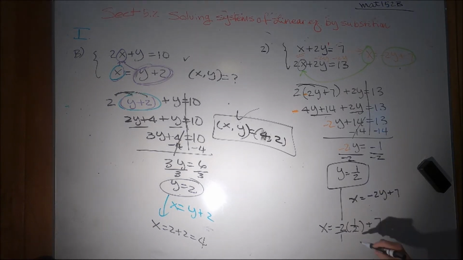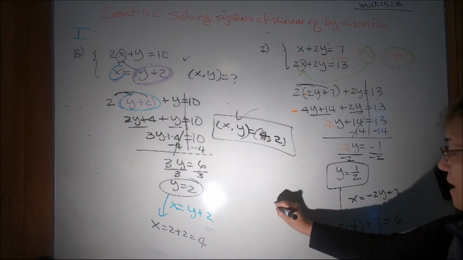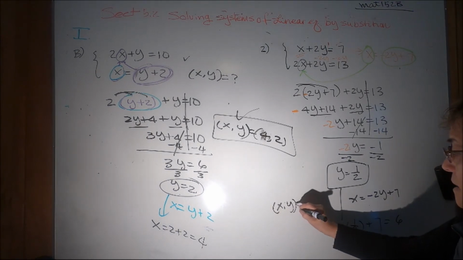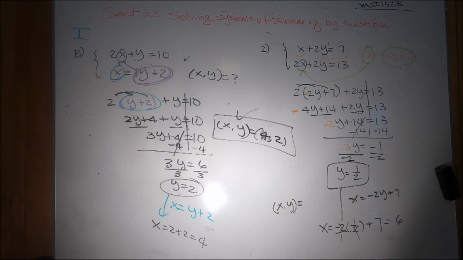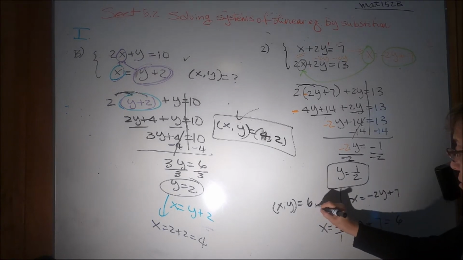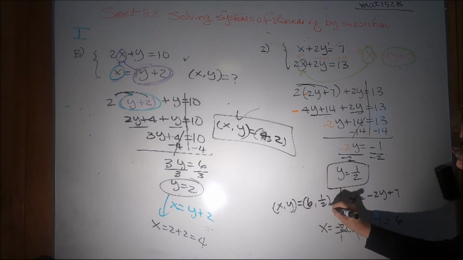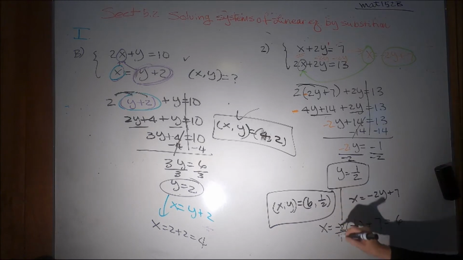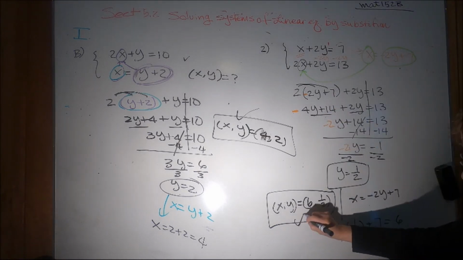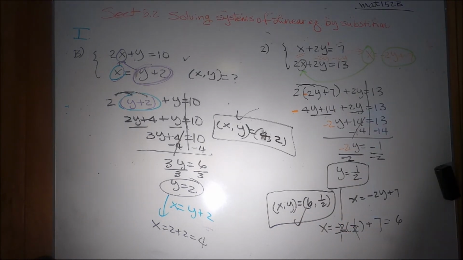The one underneath cancels out. That will be negative 1 plus 7, which is 6. So your x is 6 and y is one half. Of course, you plug in and you check. They are okay.